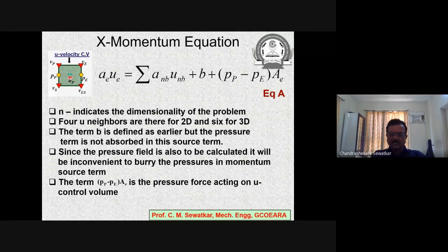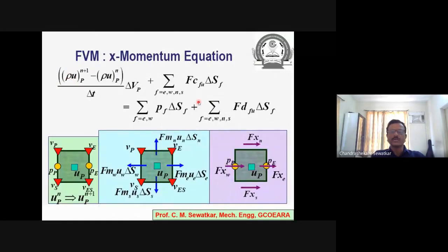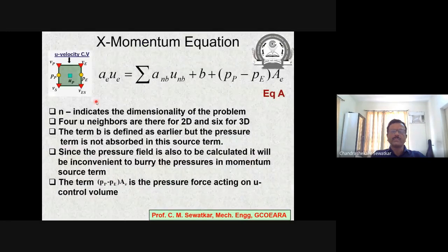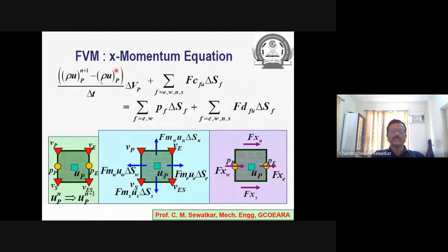Now, this x momentum equation which we have written here, if I consider this velocity as ue, the x momentum equation can be written in a form like this. What we have done while writing this equation is we collect all the terms in the x momentum equation with suffix e.